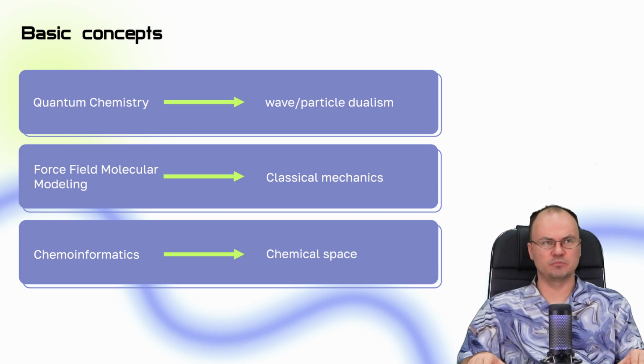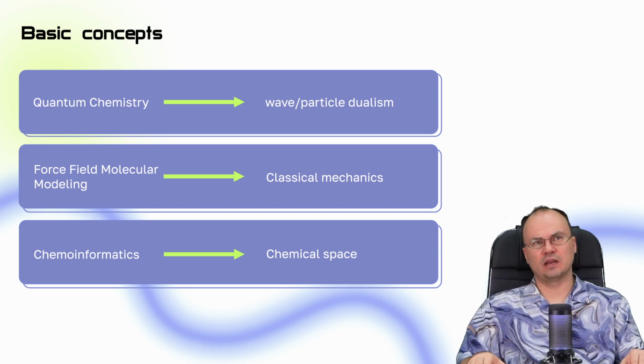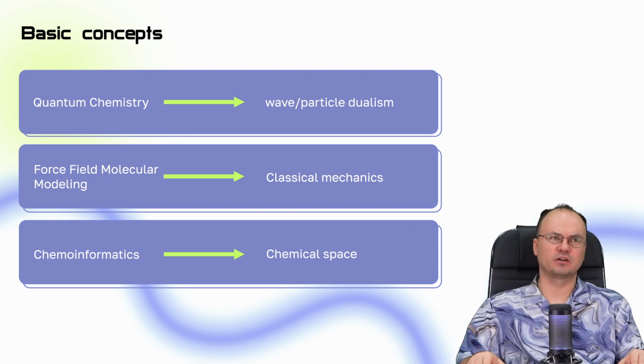I would name just a few, such as quantum chemistry, analyzing wave-particle dualism; force field molecular modeling based on classical mechanics; and cheminformatics, which is based on the chemical space.